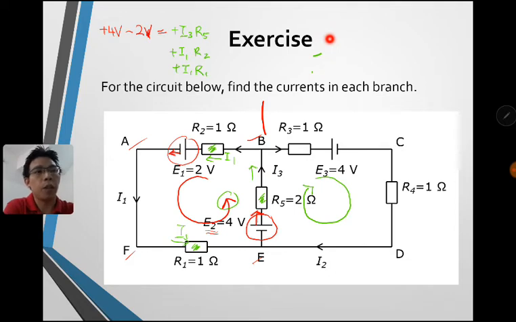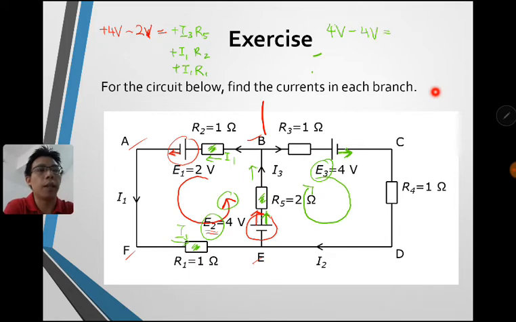On the left hand side, we have the EMF of E3 and also E2. We start with E2. E2 also follows the direction, so it's 4 volt, coming out from the positive. When it comes to E3, like the case of E1 just now, the assumed direction has it coming out from the negative, so we minus 4 volt.